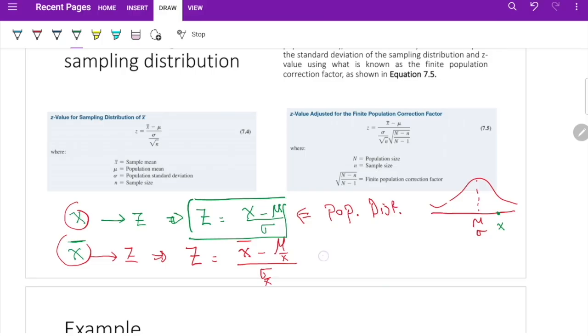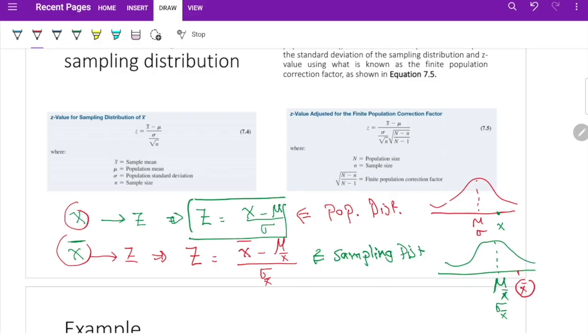But if I give you a sampling distribution, it's going to look like this. Here is the mean of the samples, mu x bar, and the standard deviation of the samples. And these values here are x bars. If I ask you to standardize this, how do you standardize that one? Using this formula.